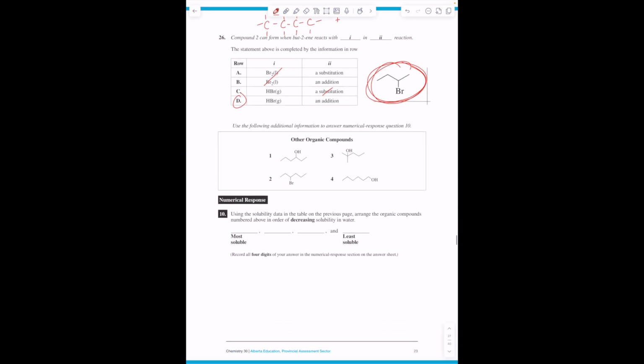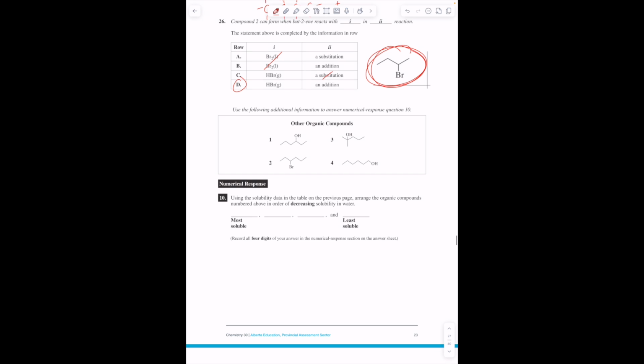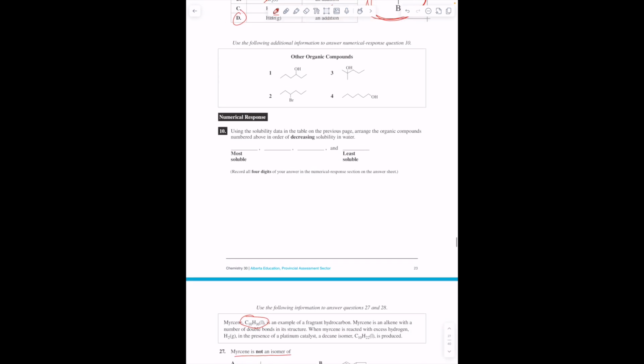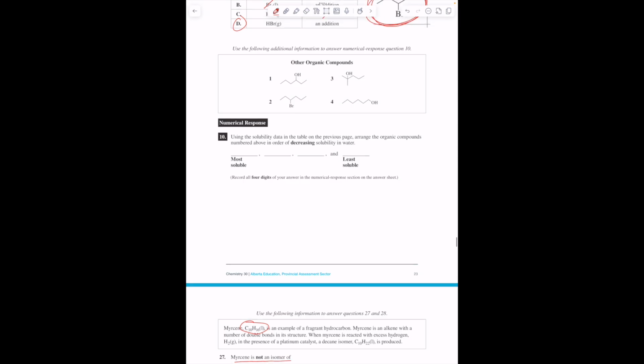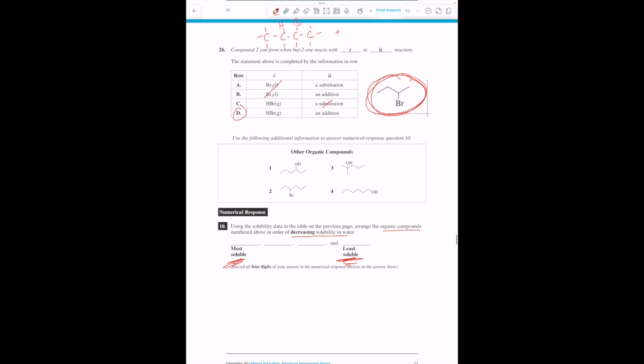Okay, let's go to the last one. Using solubility data in the table, arrange the organic compounds in decreasing solubility. So least soluble here, most here. All right. I'll clean all this up.